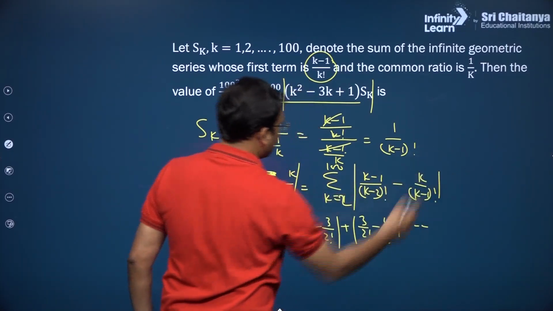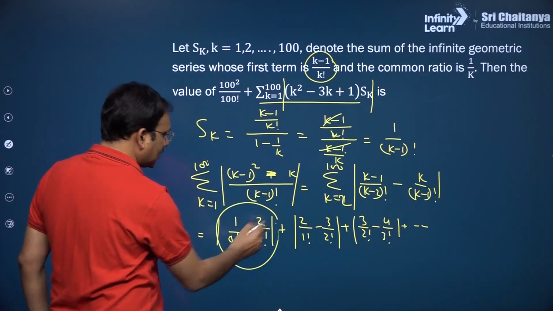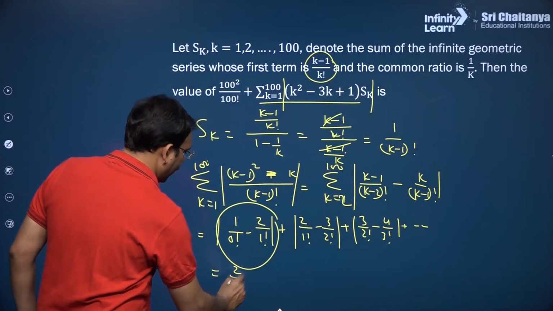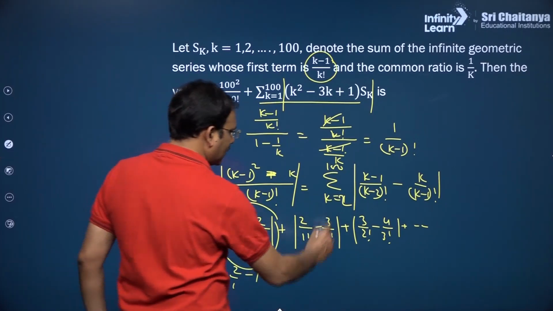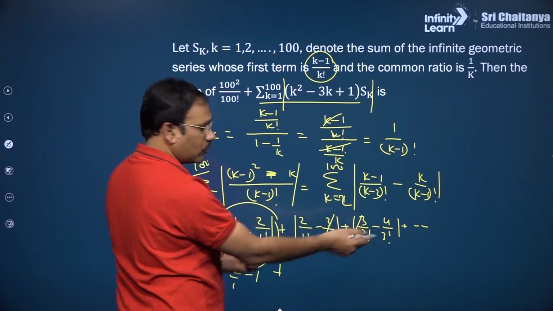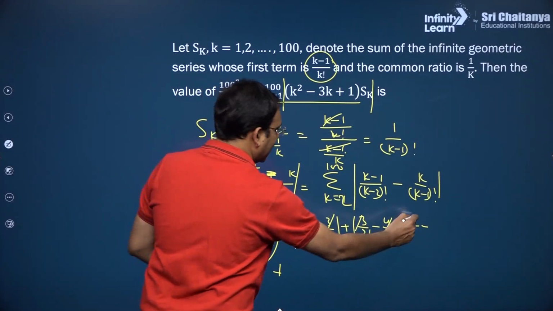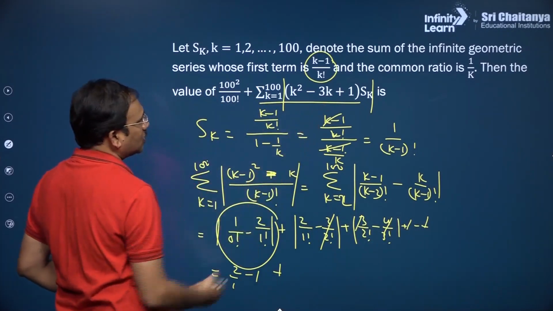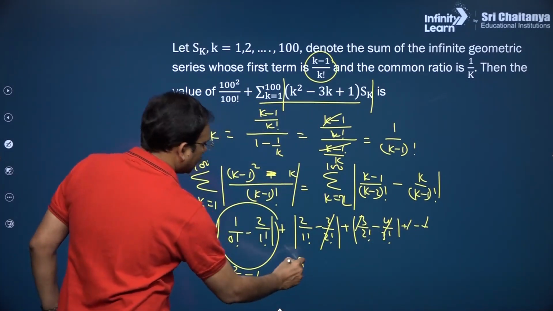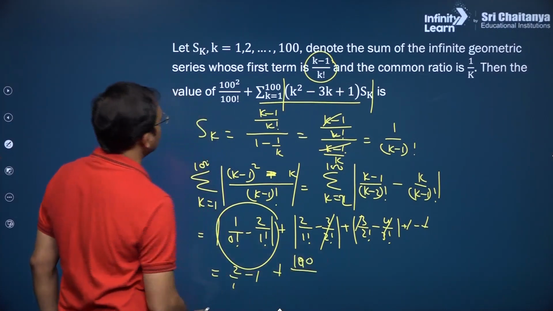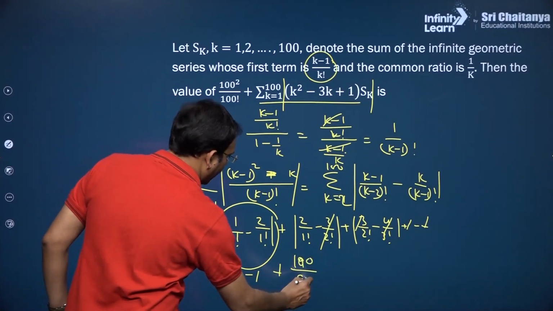Here as modulus is there, all these terms, if you take modulus, will get cancelled, my dear friends. In the last you are going to get 100 by 99 factorial.